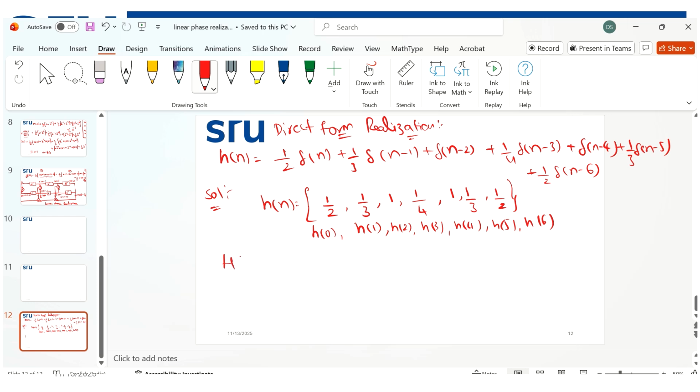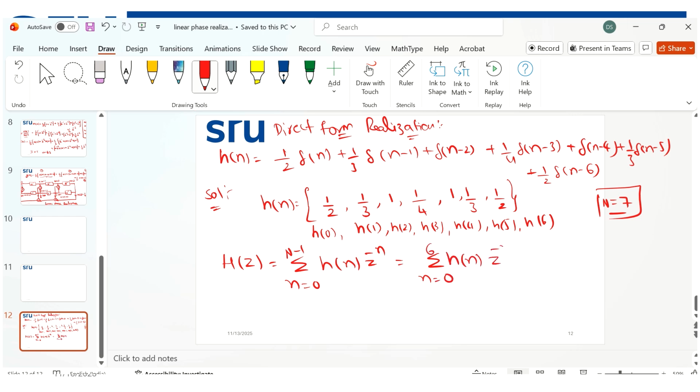Now we know that the Z transform of the impulse response is the summation of n equal to 0 to N minus 1, h of n into z power minus n. Now what is the N value? How many coefficients do we have? 7. Therefore N is equal to 7. So n is equal to 0 to 7 minus 1, that is 6, h of n into z power minus n.